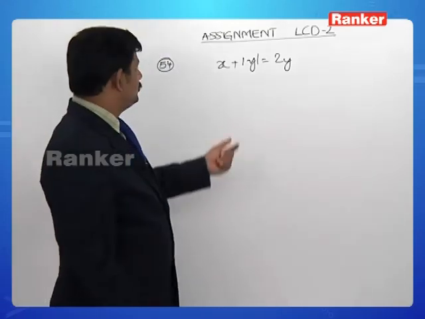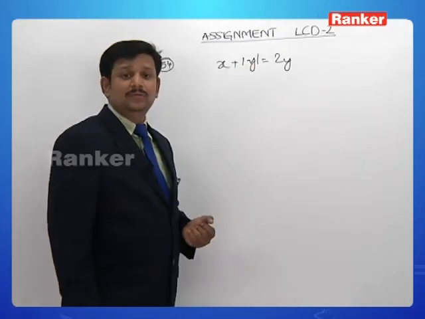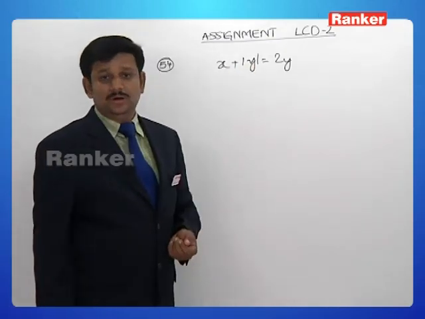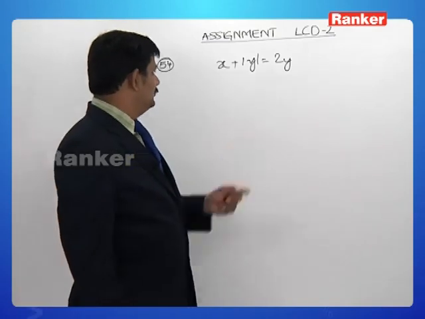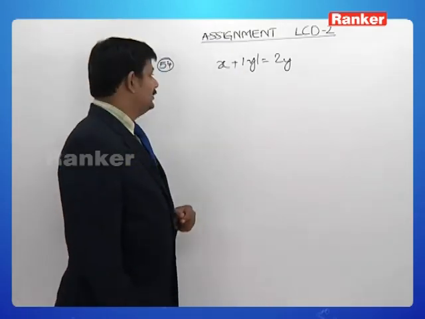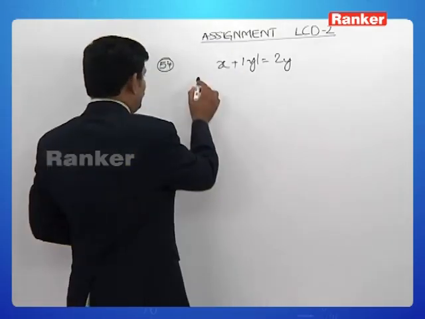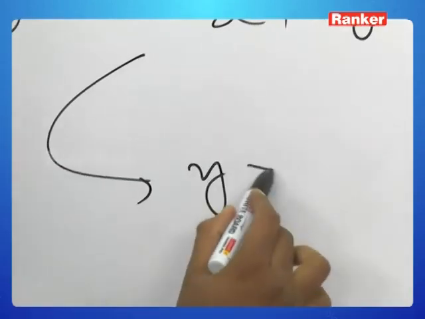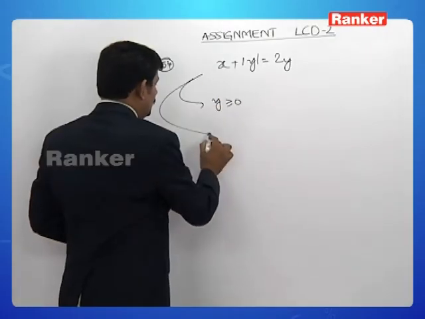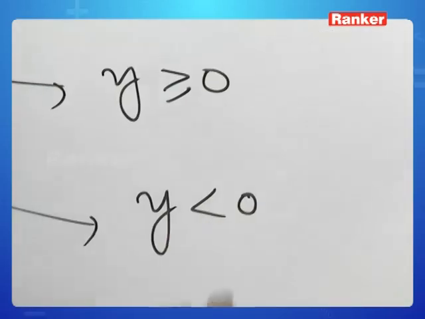And whenever we need to talk about mod, we need to see whether the quantity inside mod is positive or negative. So let us split the discussion into two cases where y is greater than or equal to 0 and another y is less than 0.